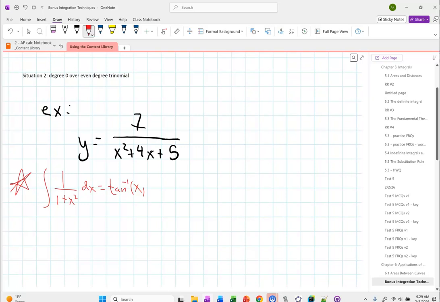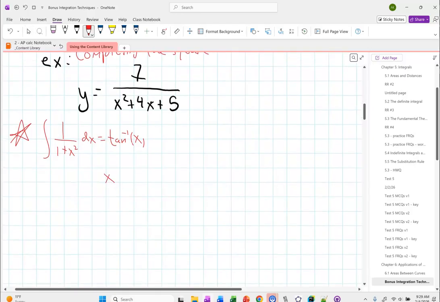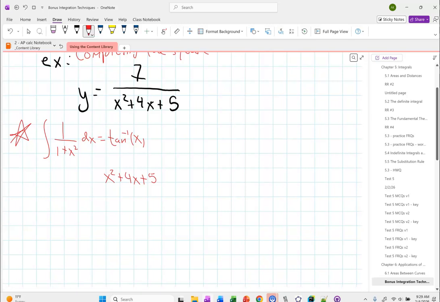So the technique here that we're going to be using is completing the square. Okay. So in the denominator, I'm just going to be worried about the x squared plus 4x plus 5 piece.